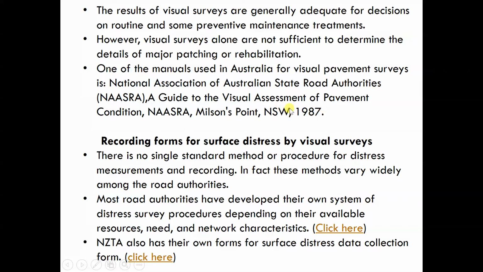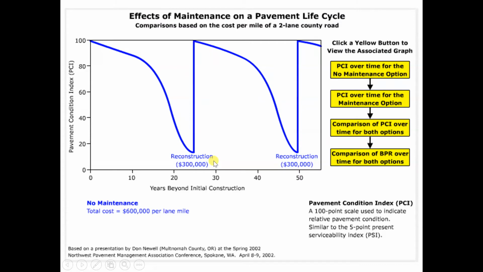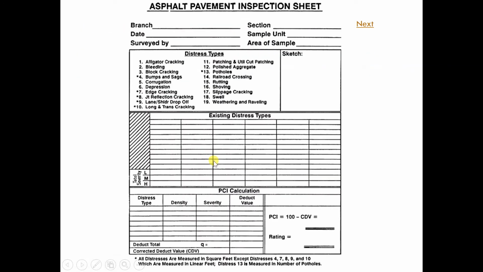It shows the different types of defects, and they have some criteria for how you classify the defects, whether it's mild, medium or severe, so that you can record it in the logbook. For example, the distress type and the severity.